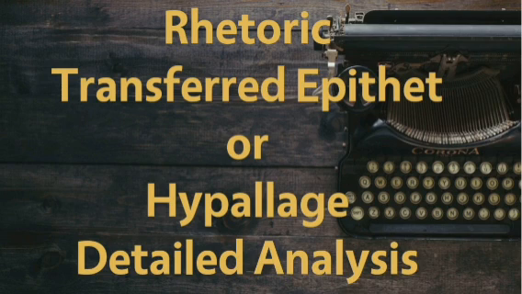Another example that will help you is that very common example, the plowman homeward plods his weary way. Okay, so this is how you have to write. If this line comes in your exam, how you have to write? Yes, you identify that this is an example of transferred epithet, then you have to explain that. How? In a transferred epithet, an epithet is transferred from the word to which it belongs properly to another word associated with it in the mind of the speaker or the author.